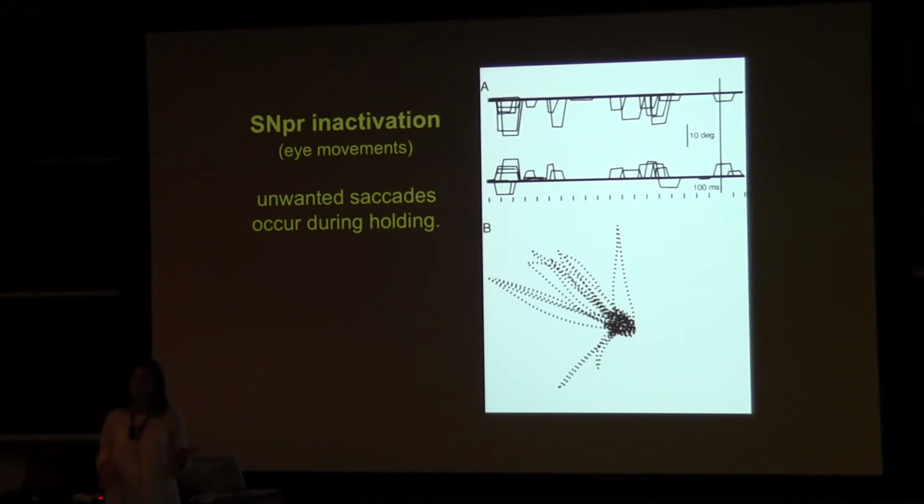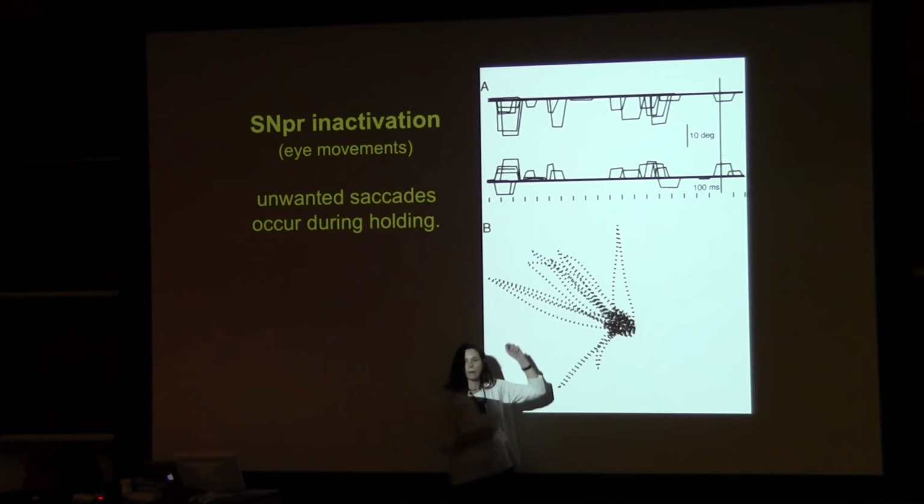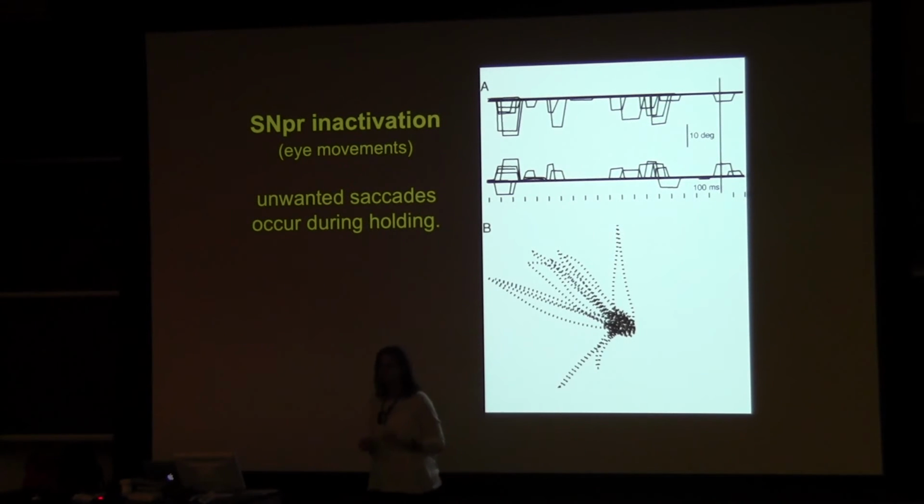And what they're asking this animal to do is to hold its fixation on a point. So just to look at a point on a screen. And each tick is a position at a given time of the eye. So what do you see? The eye is not holding steady at all. It's making these unwanted movements, and actually to the contralateral visual field, which is what this is wired up to actually impact.